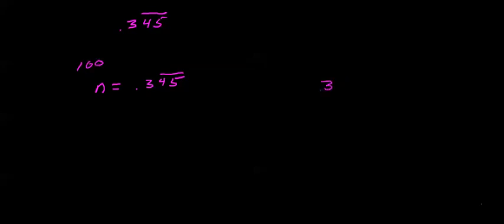So 0.3454545 forever, and I multiply by 100. That means I move the decimal over twice, and 100n then is equal to 34.54545.